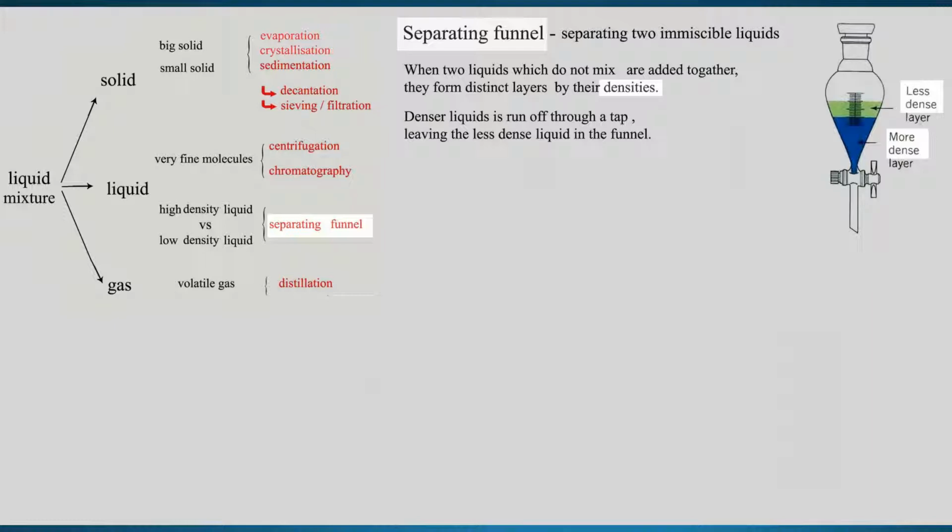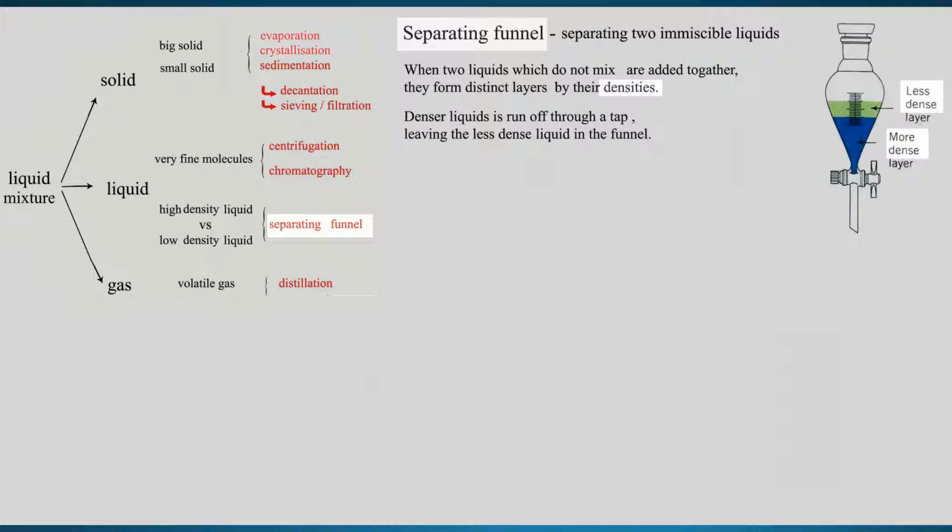For example, oil and water have different densities. In this picture, in this separating funnel, a less dense liquid like oil is lighter than water, so it will float to the top. And the heavier substance like water will be at the bottom. So now it separates into two layers.